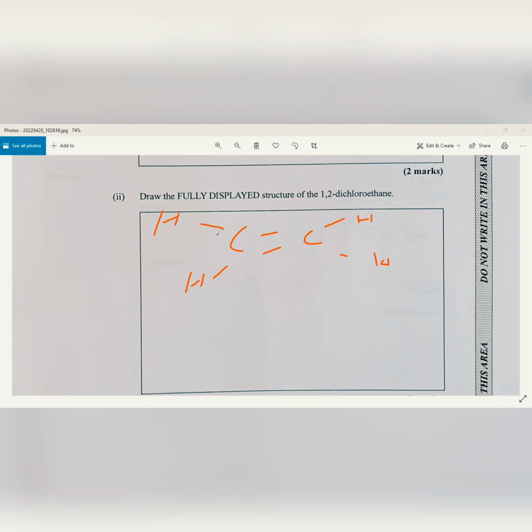The double bond is going to break, and a chlorine is going to come there, and another one is going to go there. So we end up with C single bond C, with a hydrogen, a hydrogen, a chlorine, H, H, and that's your 1,2-dichloroethane. Wonderful.